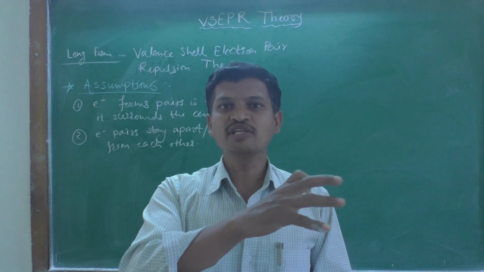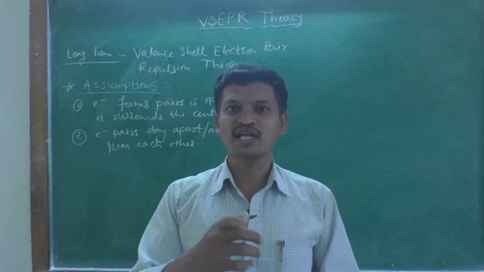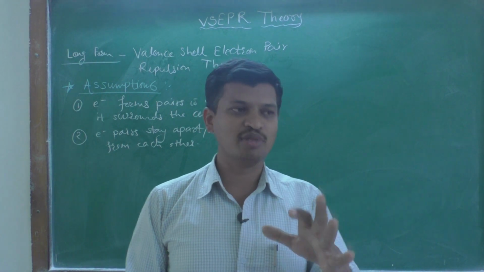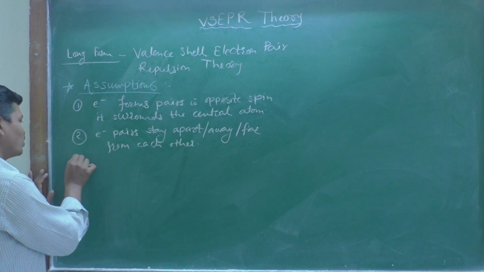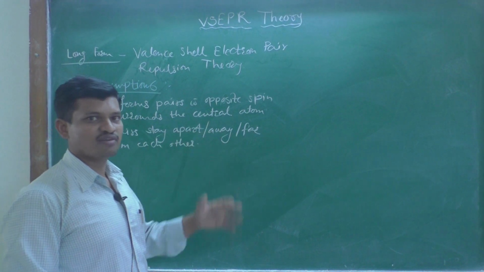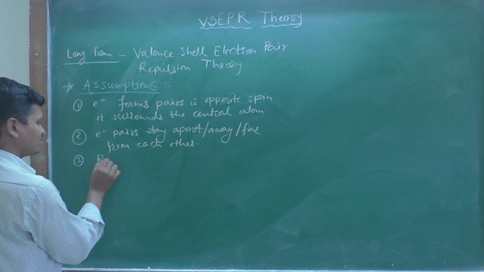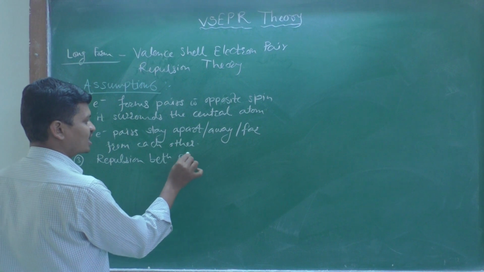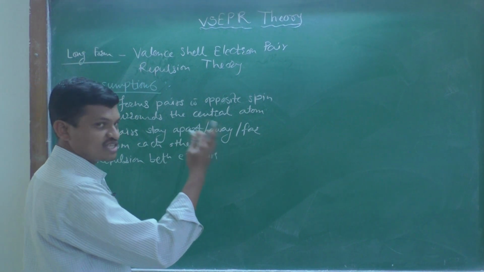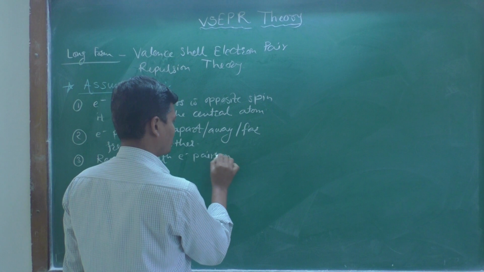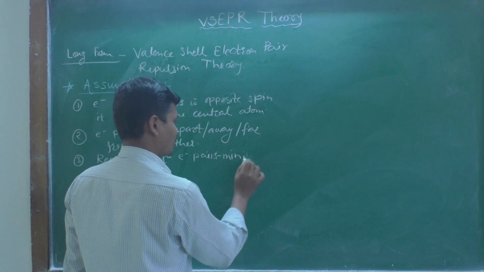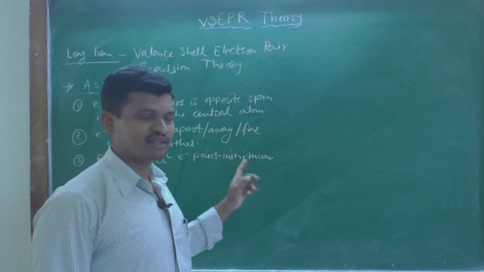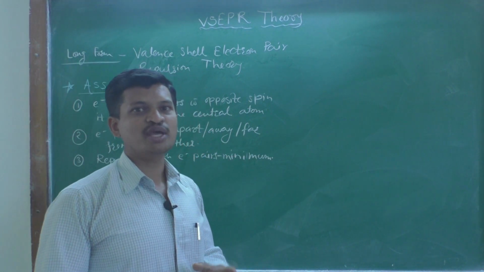Due to this, the electrostatic repulsion between the electron pairs becomes minimum. Okay, so what is the need for these electron pairs to stay away from each other? That the repulsion between the electron pairs around the central atom will be minimum. So this is the essential condition.